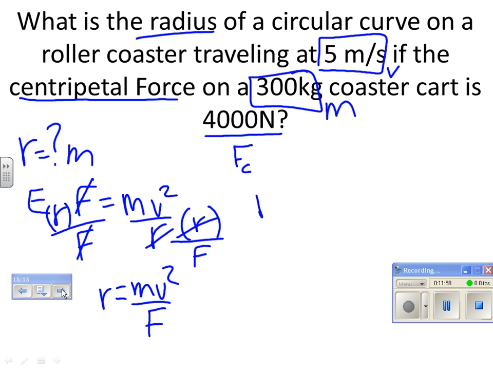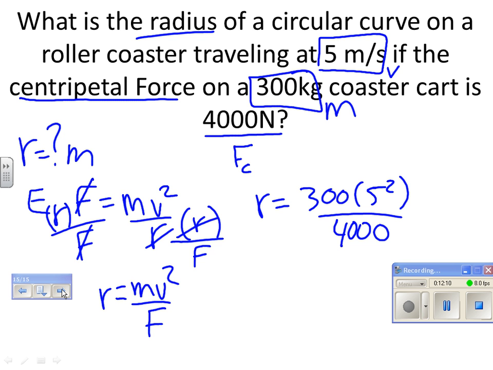So then we plug it in: r equals 300 times 5 squared, divided by 4,000. If you want to rewrite 5 squared, you can write 300 times 25 there.